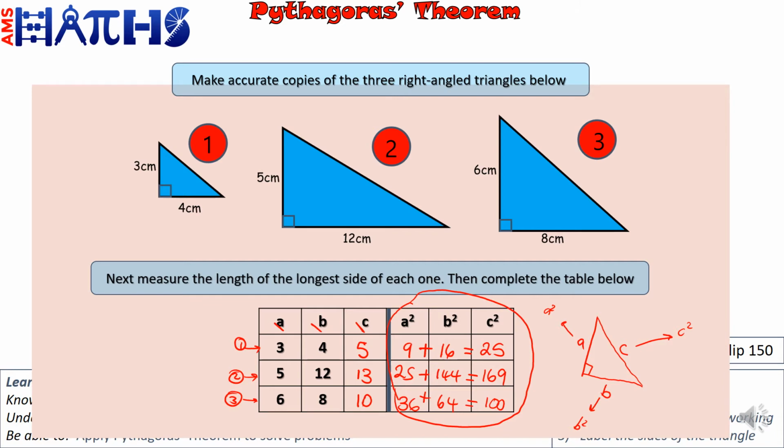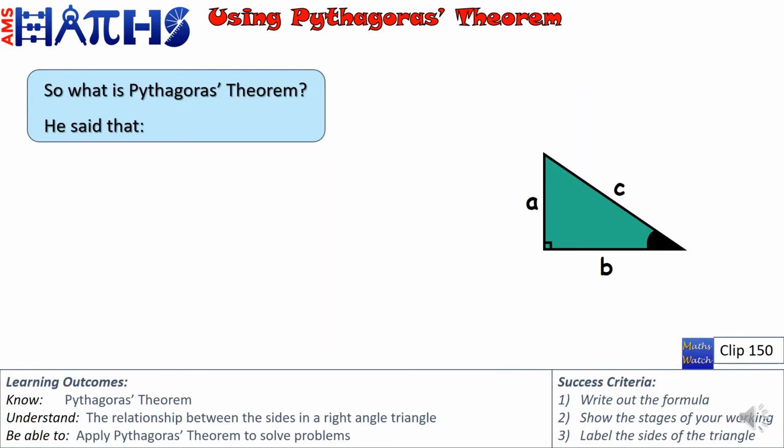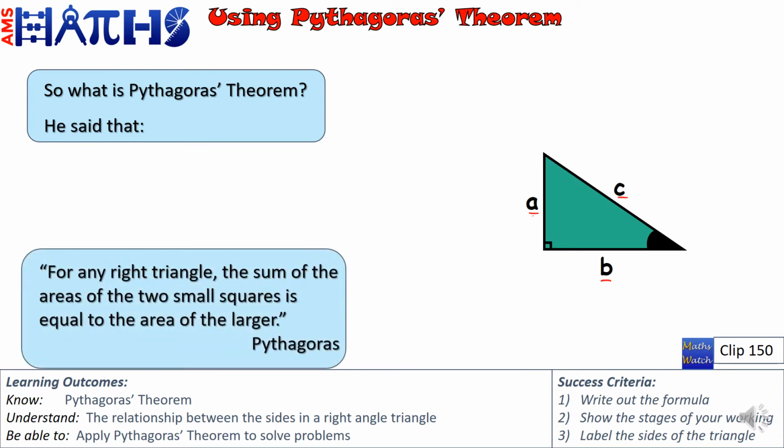when I add them, so what does Pythagoras theorem state? Let's look at it, we have a right angle triangle here, and we have our shortest sides A and B, and then our hypotenuse is C. Okay, so it says for any right angle triangle, the sum of the areas of the two small squares is equal to the area of the larger square.